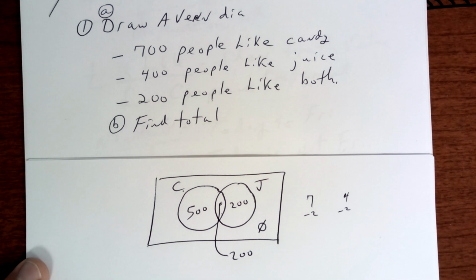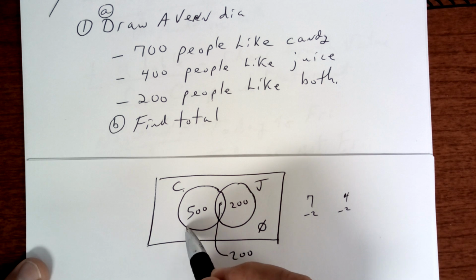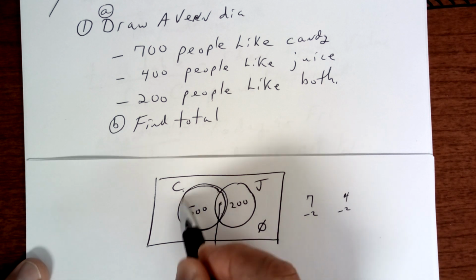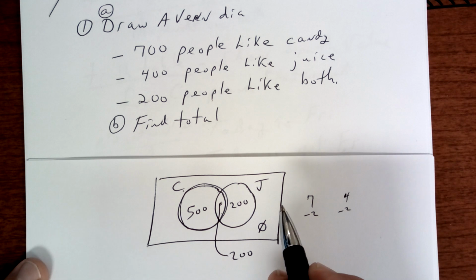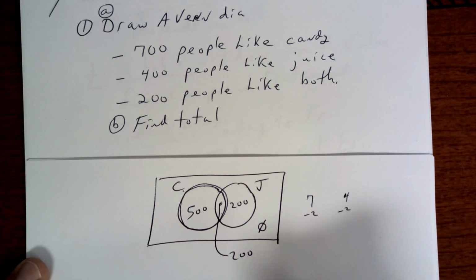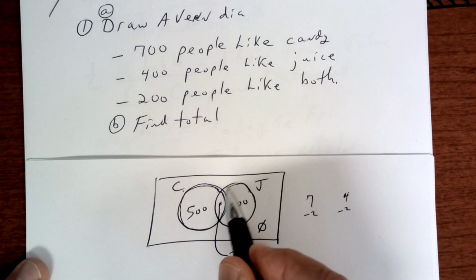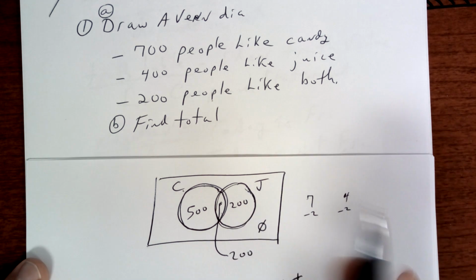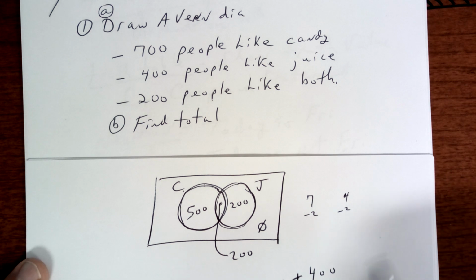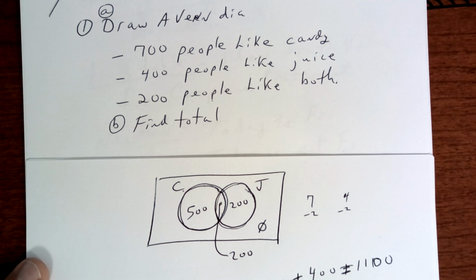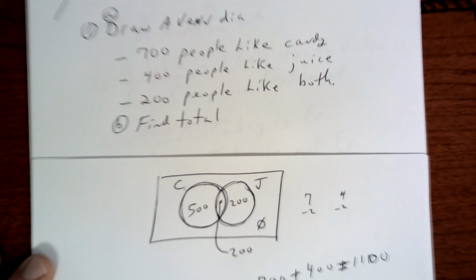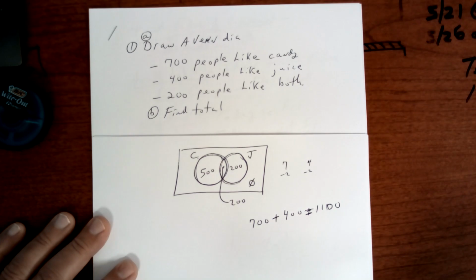So the total would be, if you add all of set C, you would have 700. Plus, if you add all of circle J, you would have 400. But what you're doing there is adding the overlap, or the intersection, twice.